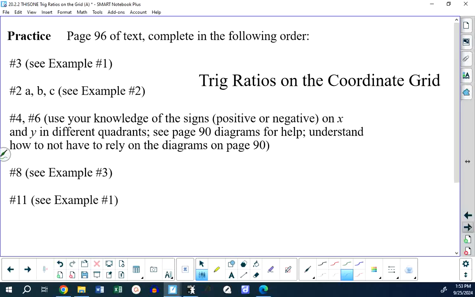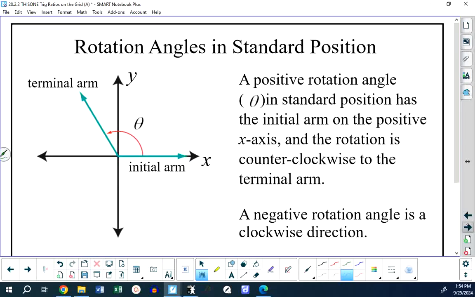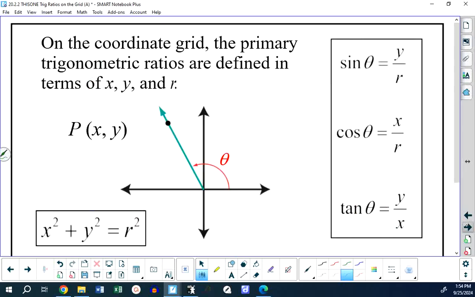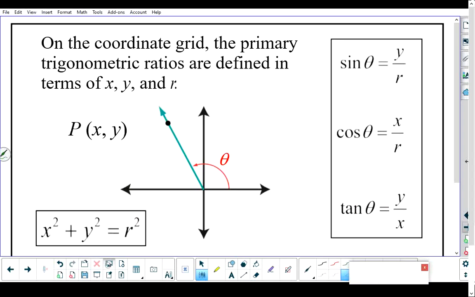I know 2 comes before 3, but 3 matches example 1, 2 matches example 2. It's kind of guiding you to be successful here. So you have about 15 minutes or so to work on these. Really, the bottom line, do I have a nice summary up here? This is it. This is what's important.